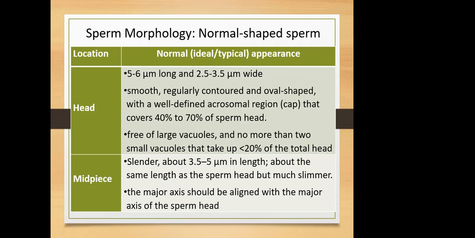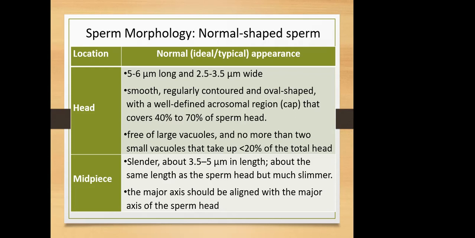Now it should be free of large vacuoles. All right. So when I say it should be free, and all of us know what a vacuole is, it means that there could be vacuoles, but they should not be large, and should be small. And even if they are small, there should be not more than 2 small vacuoles.